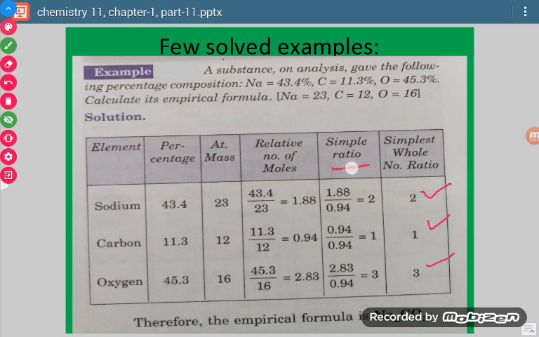Where there may be some difference of points, we have to convert it to the nearest simplest whole number. Now whatever numbers we got, we write at the bottom, as subscript, C1O3. So this becomes the empirical formula of the compound.